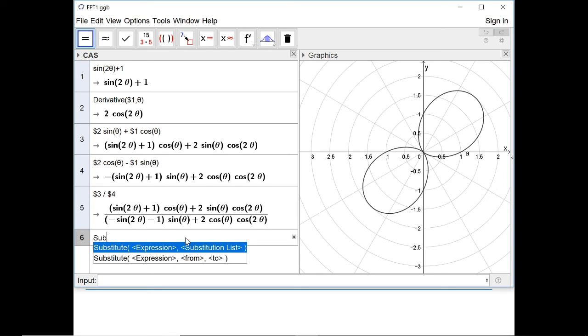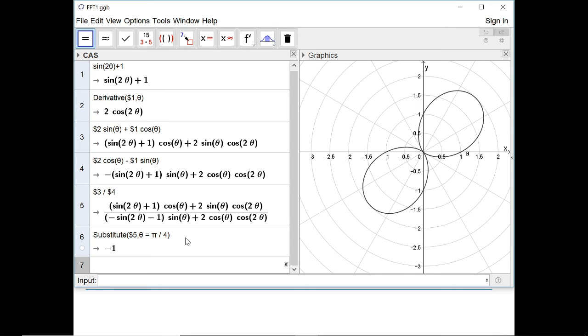So I want to substitute into the expression which is in number 5 the value theta equals pi over 4. And that's told me that the value of the gradient at that point is -1.